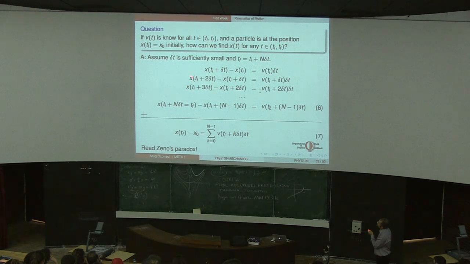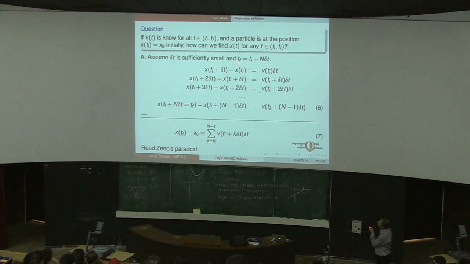The same thing happens here. I have the position at ti plus 2 delta t with a plus sign, and I have the same with a minus sign. So when I sum everything up, this will cancel this one, this will cancel this one, this will cancel the next equation over here, which I didn't write. This will be canceled by the previous expression.